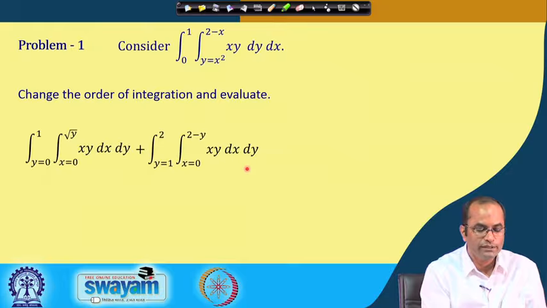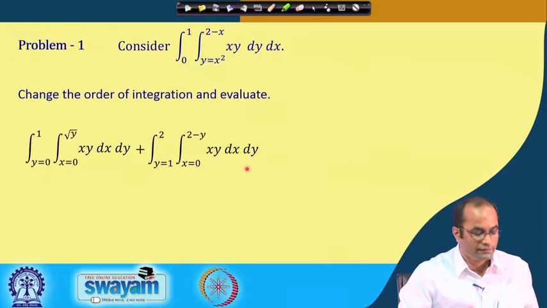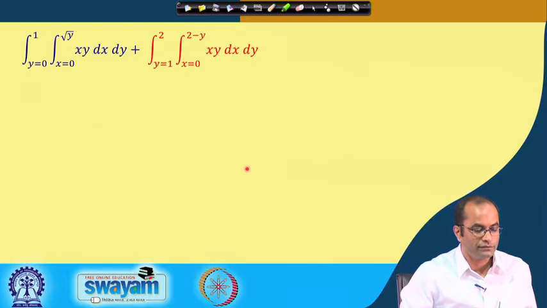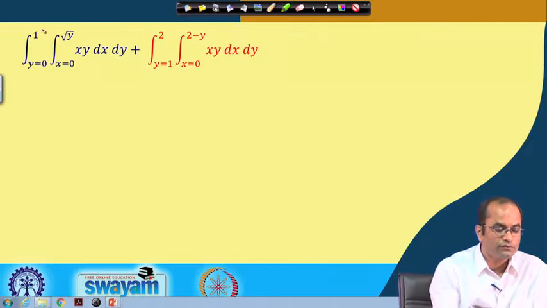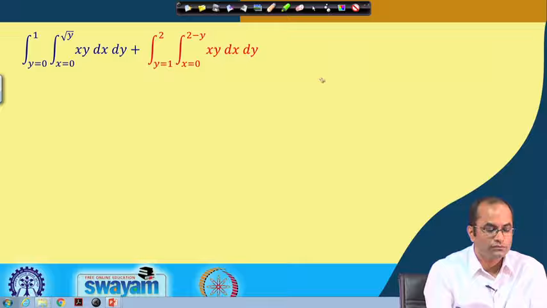So, we will evaluate these integrals separately and then we can find the value of the integral. Considering the first integral, y goes from 0 to 1 and x goes from 0 to square root y.